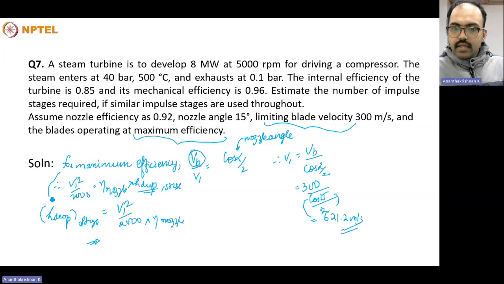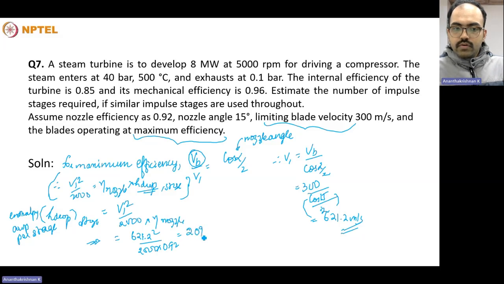So these are equations that are derived for determining the enthalpy drop per stage. So this is enthalpy drop per stage. That will be equal to 621.2 square divided by 2000 into 0.92.